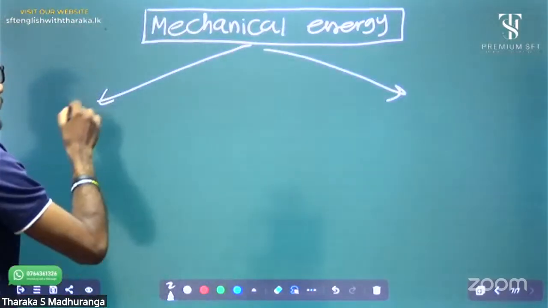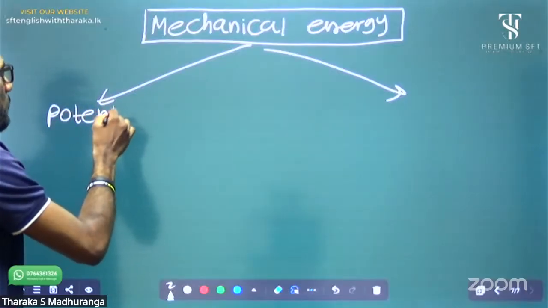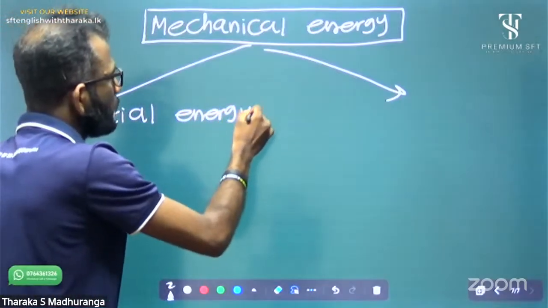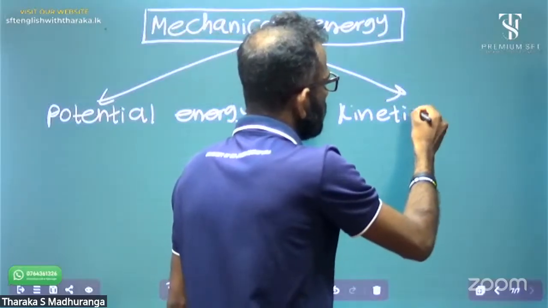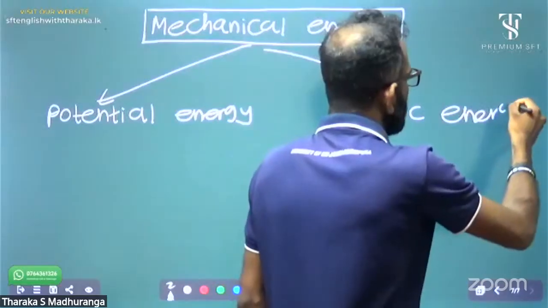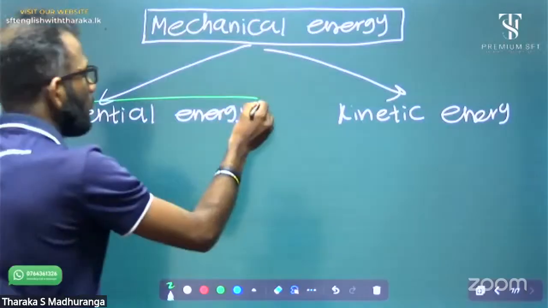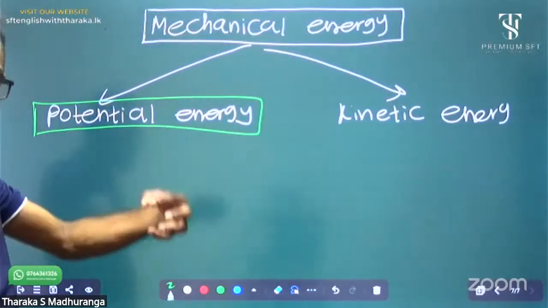Mechanical energy has two types: potential energy and kinetic energy. What are the definitions? Potential energy is the energy stored in an object due to its position.